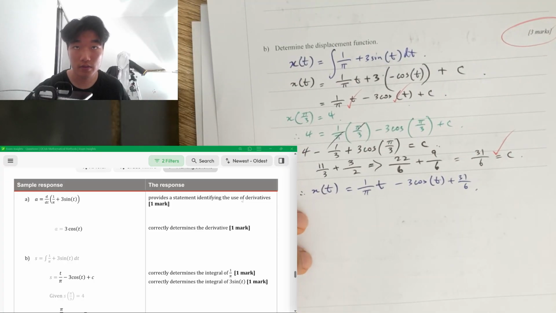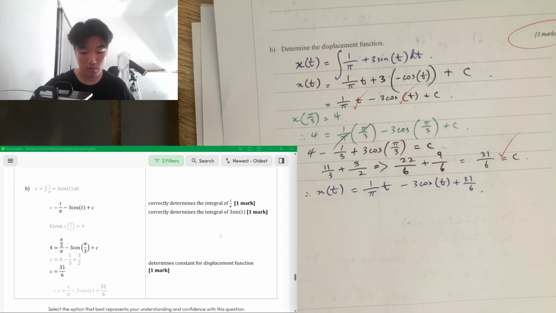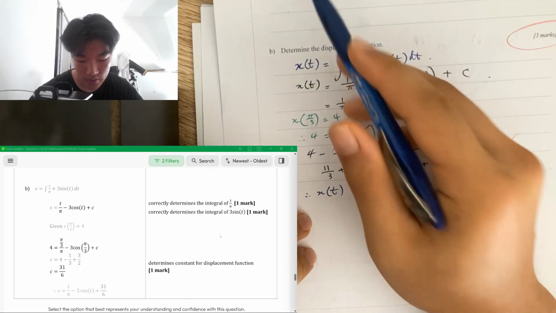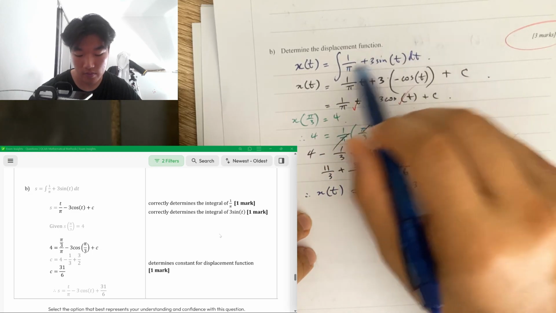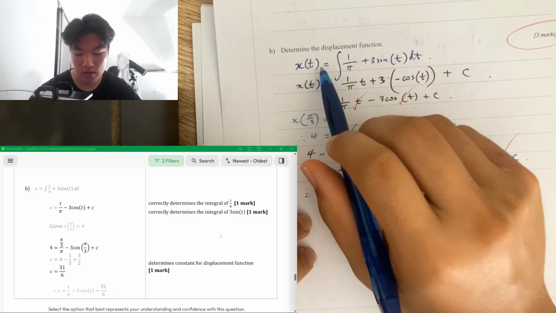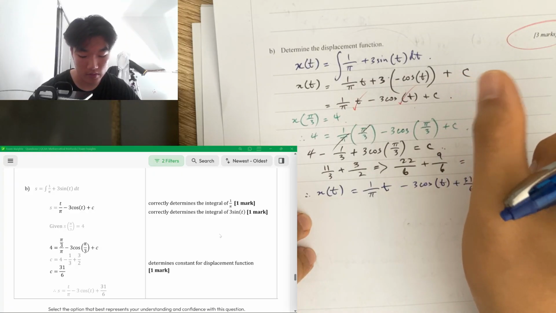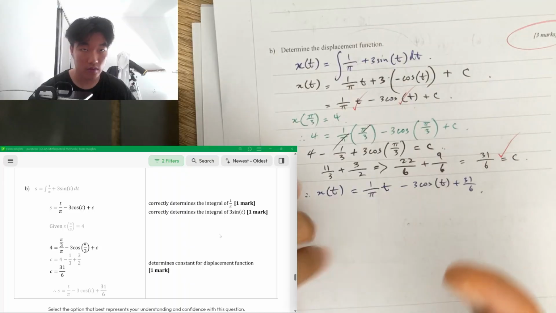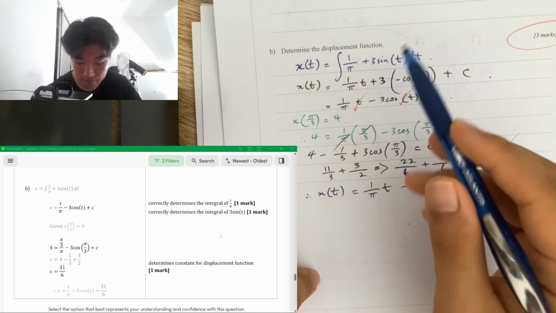The displacement function. Okay, well, in this case, it's a bit more complicated. To get displacement, we're integrating v of t. So this does demonstrate that we're integrating, trying to find the area under the velocity, basically. If you were to graph the velocity function, the area would be the displacement.